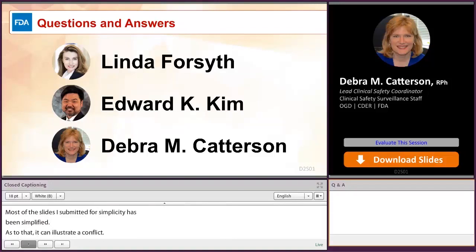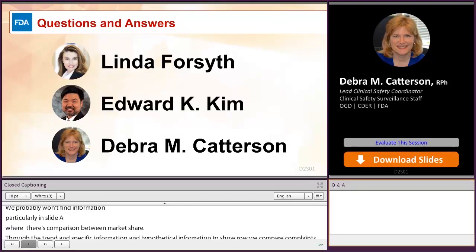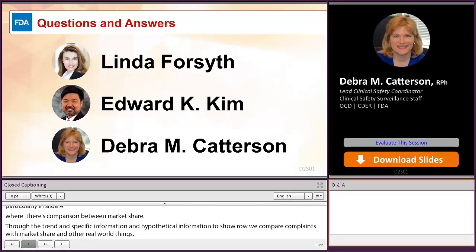The team has put together those trends not based on specific information, but hypothetical information, just to show how we compare complaints with market share and other real-world data sources. So that probably won't be viewable, nor do I think anyone would be very interested in seeing that data. But the complaint trends for DCURA's data, they have been.